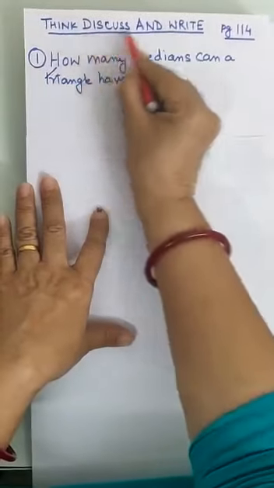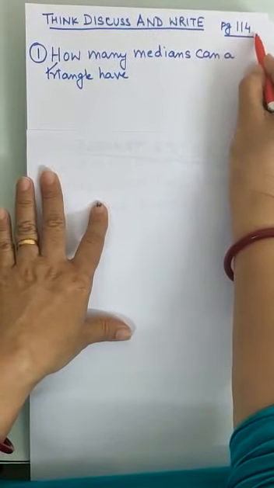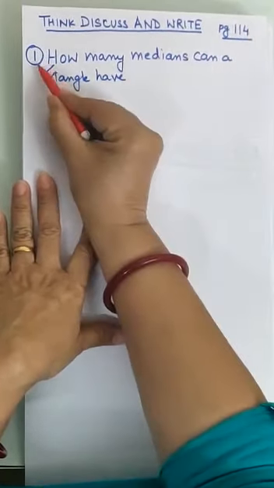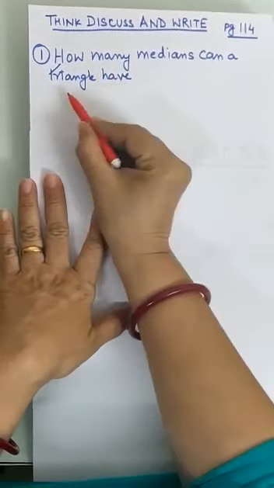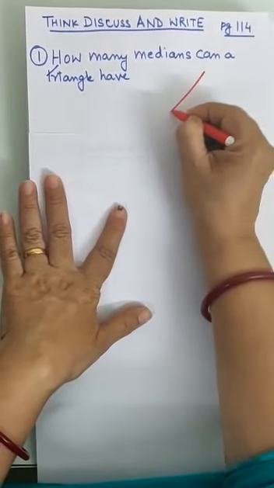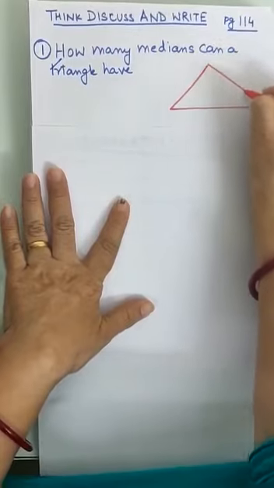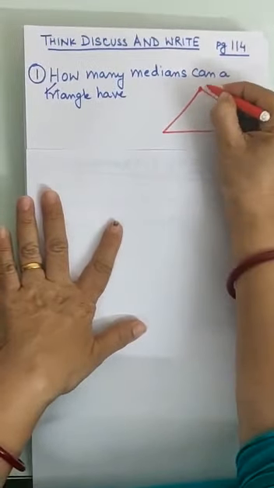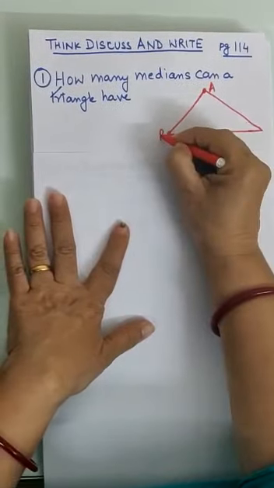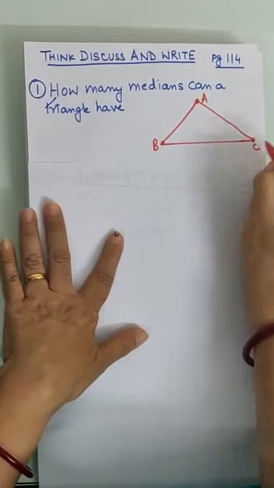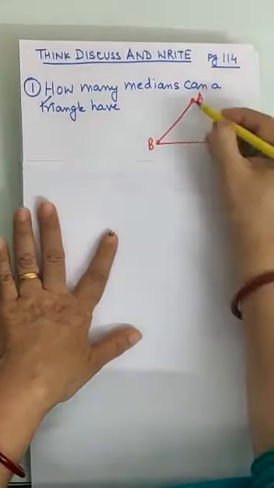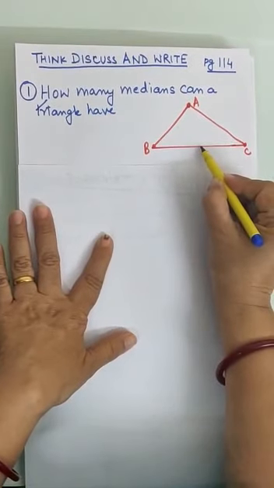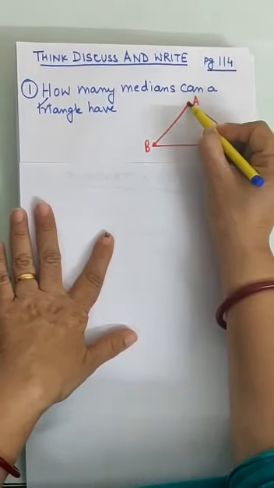Now let us start think, discuss and write, page number 114. The first question, how many medians can a triangle have? So let us draw first the triangle. Mark this as A, B and C. Now draw the three medians. A is the vertex, midpoint of BC is this one.